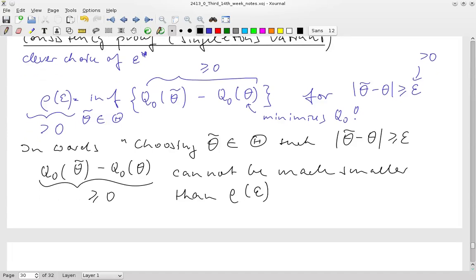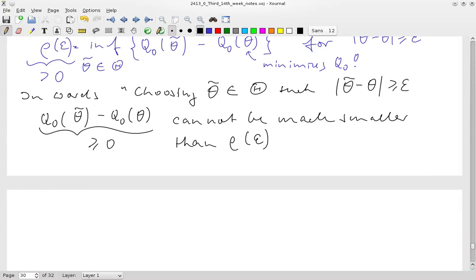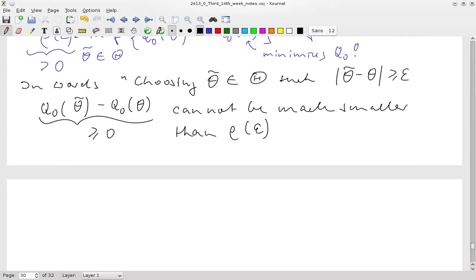But from that result, or from that logical result, we can make another conclusion. And I like to write it in a different letter.